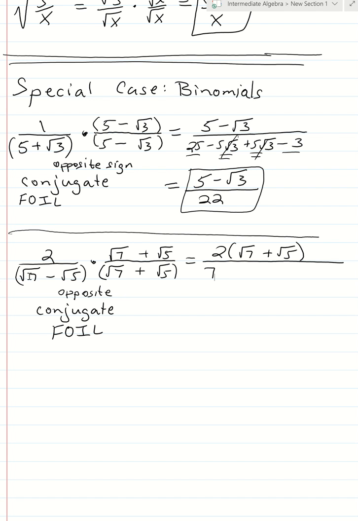If I multiply the square root of 7 times the positive square root of 5, we get a positive square root of 35. If I multiply the negative square root of 5 times the positive square root of 7, we get a negative square root of 35. And then, lastly, if I multiply the negative square root of 5 times the positive square root of 5, we in fact get a negative 5.